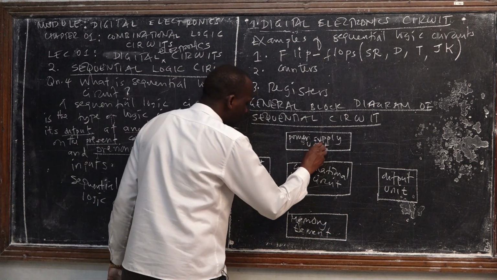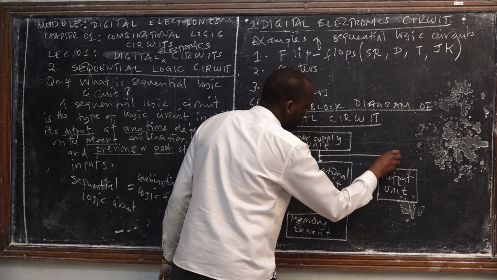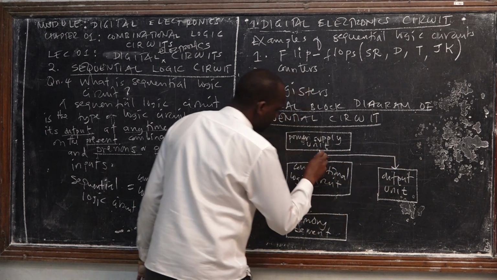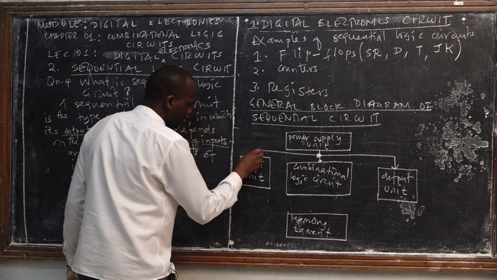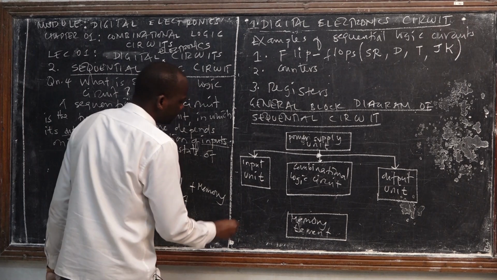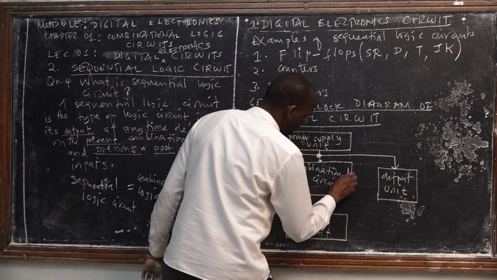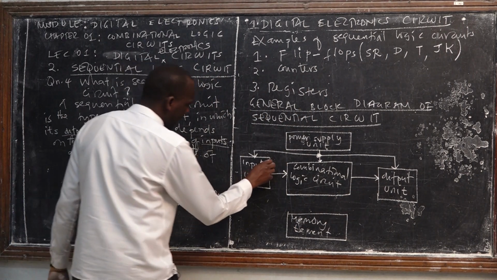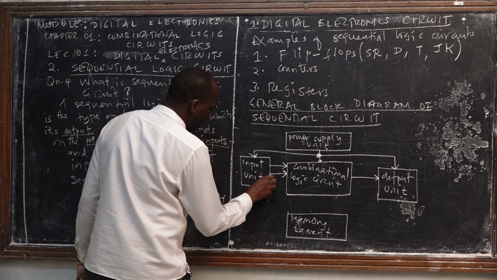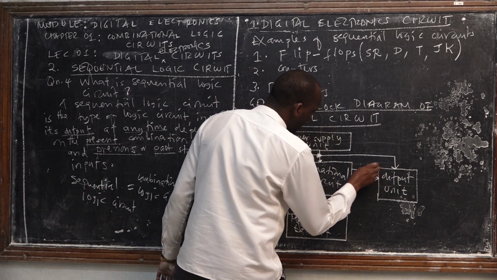Then for this case you have a power supply. Here we have an input. Here we have an output. So you can have, as I said, more than one input and more than one output.